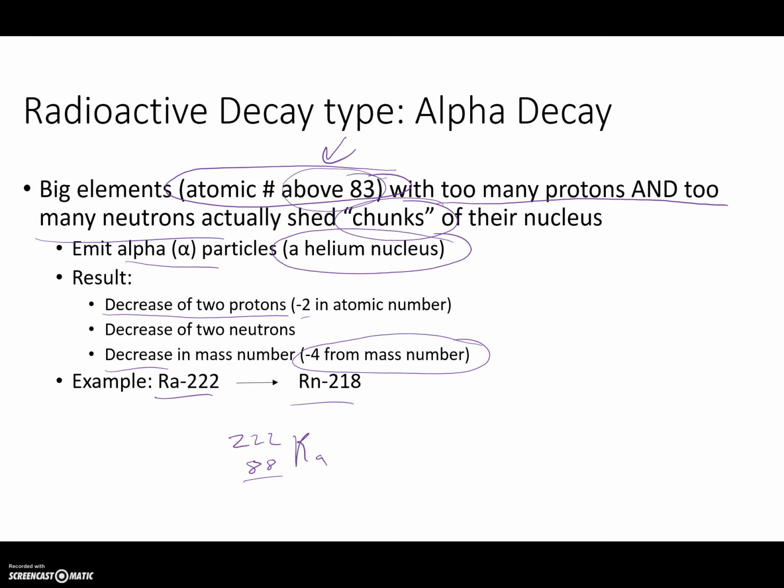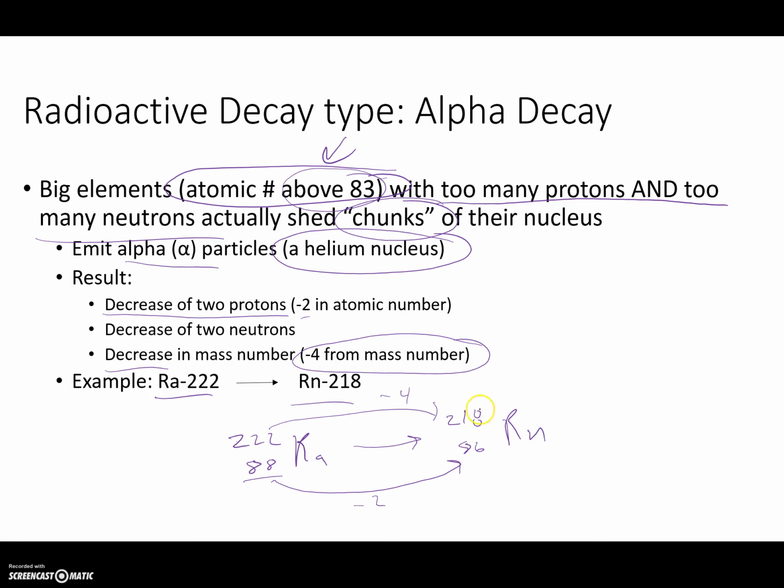So it will undergo an alpha decay, and when it ejects that helium nucleus, okay, we're decreasing our mass by 4 and our atomic number by 2, right? So my atomic number is going to become 86, and my mass is going to become 218, right? So minus 4 for mass, minus 2 for our atomic number. And now, because we changed our atomic number, we actually have a different element, which is radon.